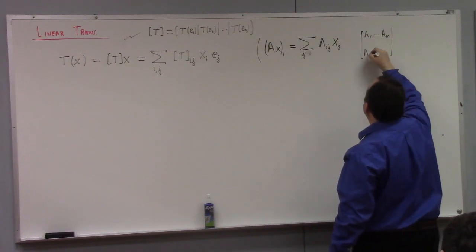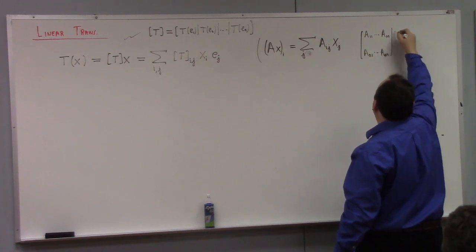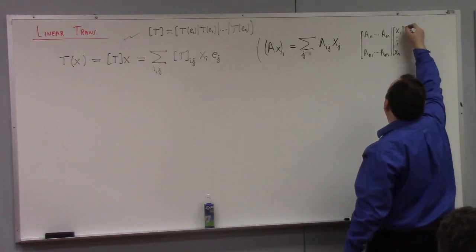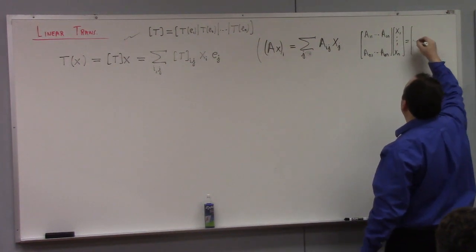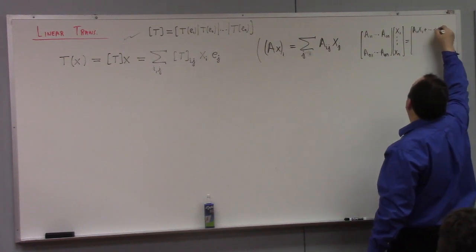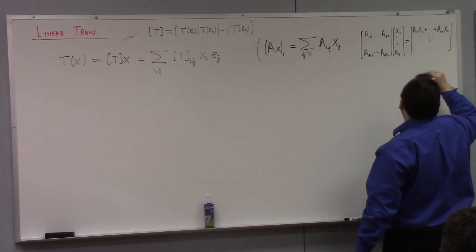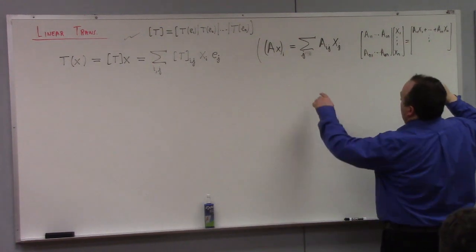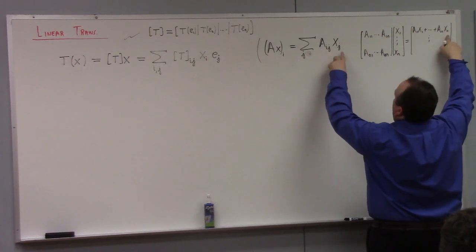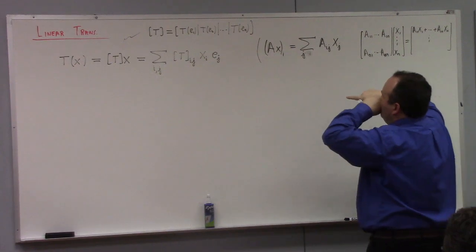Let's work it out. So how does that go? The first one is what? A11 x1, up to A1n xn. So j is summed over, and yeah, you're right.